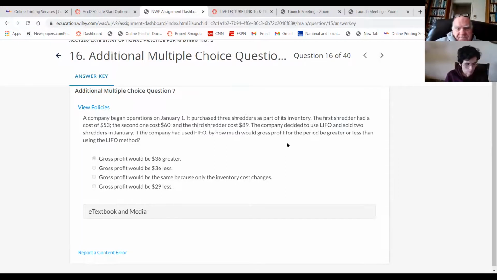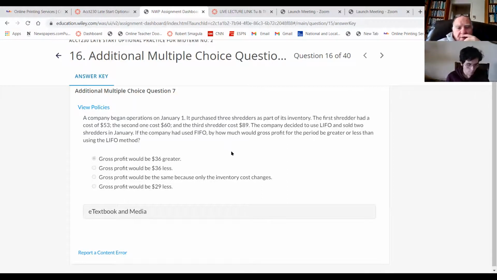Here, a company bought 3 shredders. The first shredder was 53. The next one was 60. The third was 89. So this is an easy example of a question where they're saying we had one at 53, one at 60, one at 89, and they're using LIFO, and they sold 2 of them.